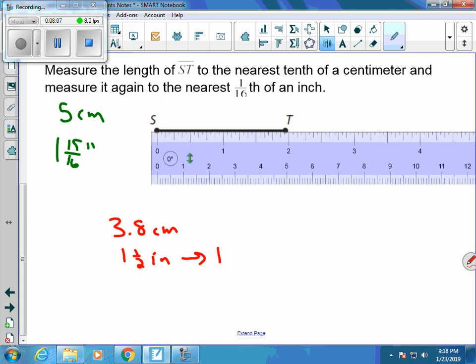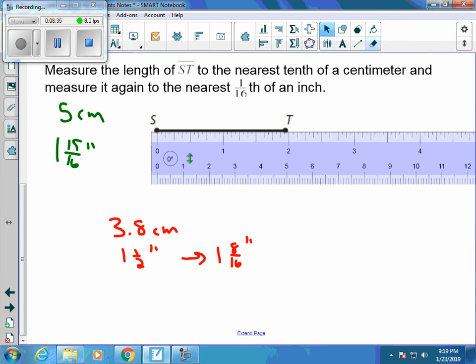When I measured this, it was 1 8/16, but there's no reason for me to write that as 1 8/16 because it's 1.5. Again, I can either write out IN for inch, or the more efficient way of doing this would be to put the inch mark up on top.